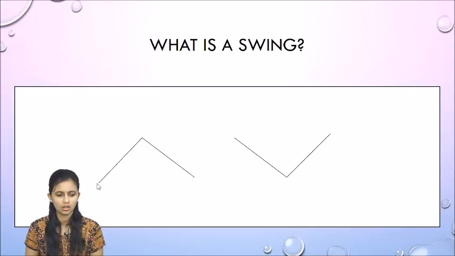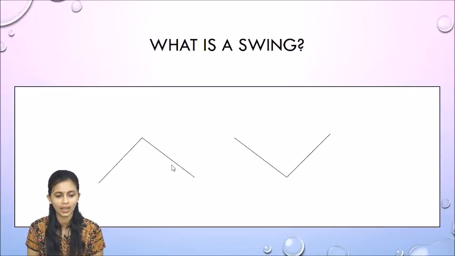So if a stock starts its movement from here, and moves upwards like this, then it will definitely come down. Now it may not reach this position, but it will definitely come down to some extent, and then again start going up. This can happen in a day, in a month, it might take any number of days.